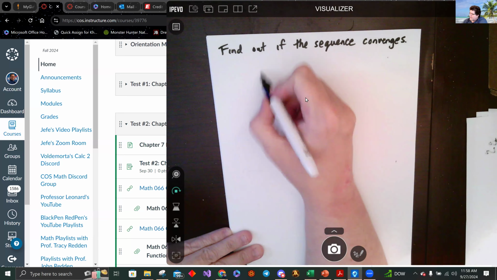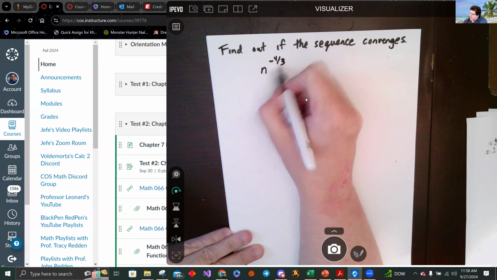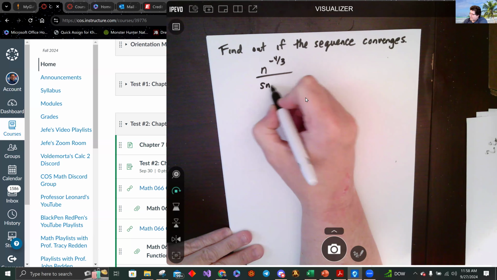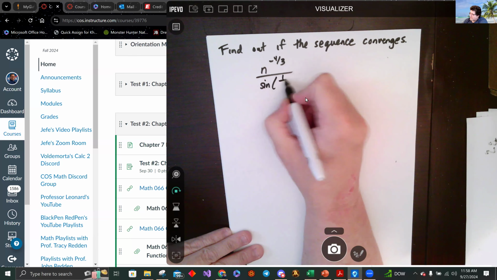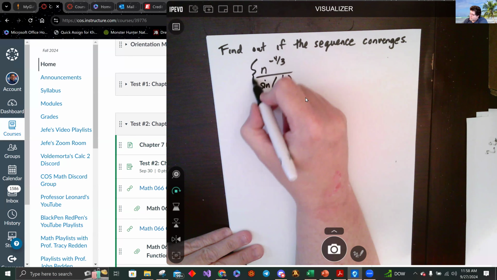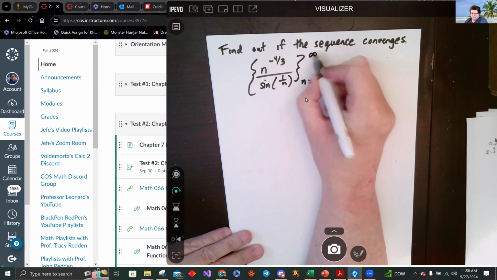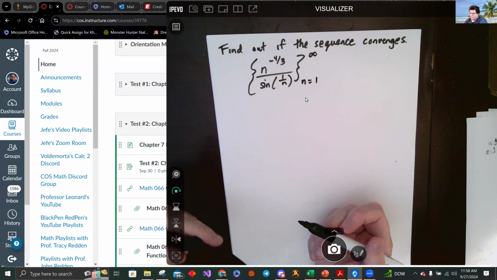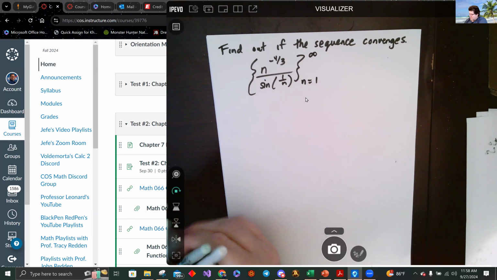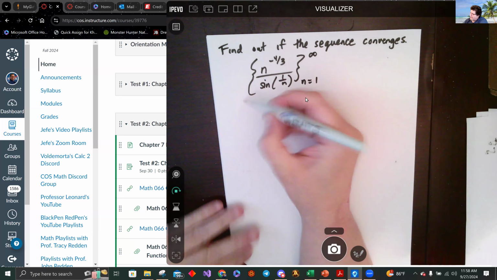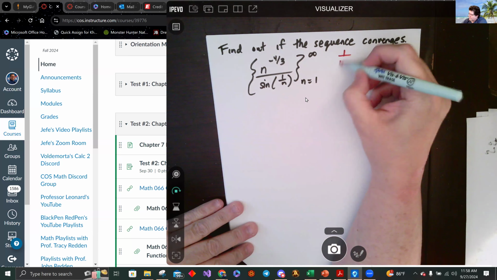We're looking at n to the negative 4/3 over sine of 1 over n. So when you start off doing limits, you always try evaluating. Like this is 1 over n to the 4/3.